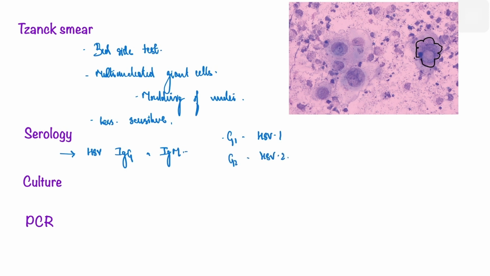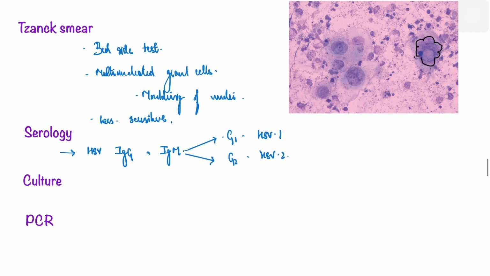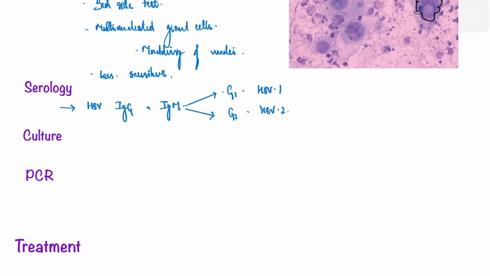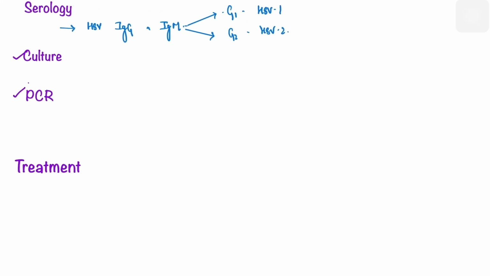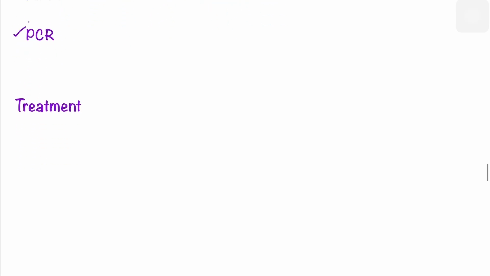If antibodies are produced against G1, it is more suggestive of HSV1 infection, and if against G2, more suggestive of HSV2. The other ways of confirming the diagnosis are culture and PCR. PCR is more sensitive.